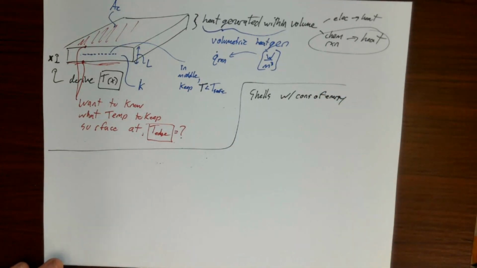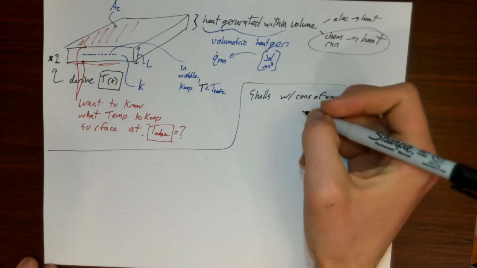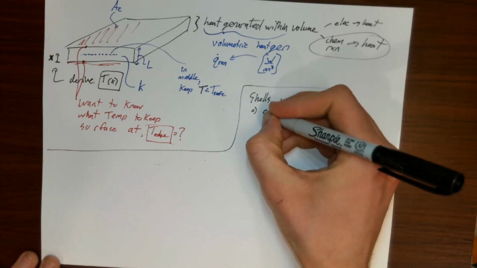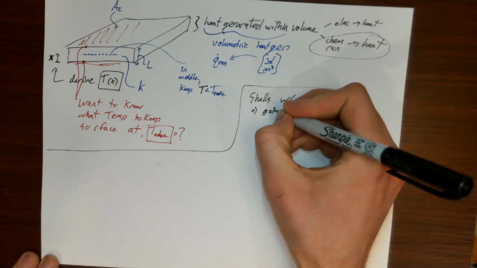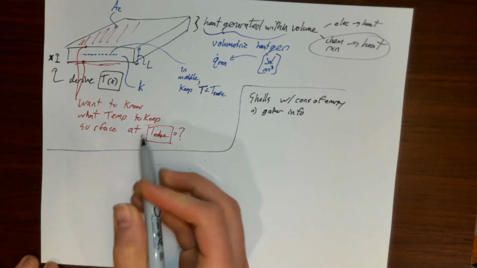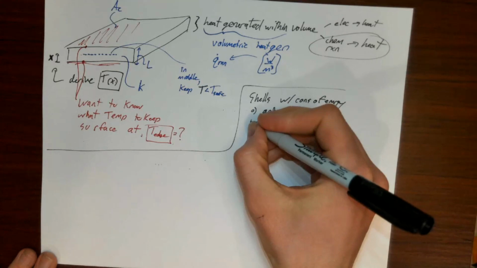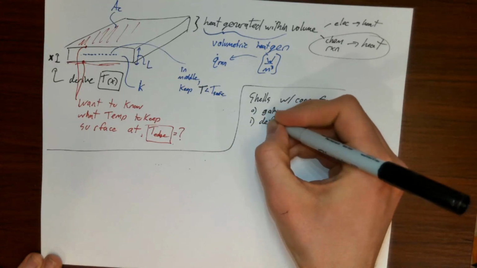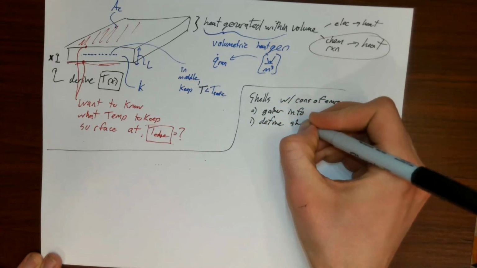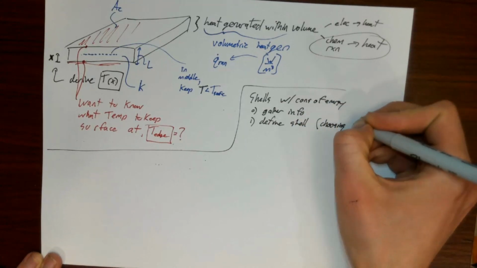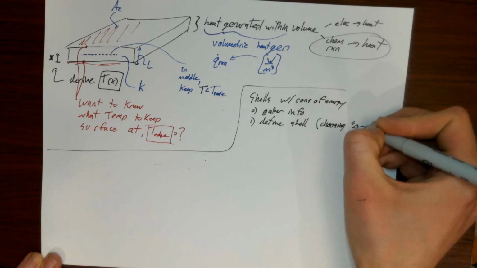in that shell. And if you look back in your notes to the general steps for shells, step 0 was to gather info on the problem, and we have already done that right here. The next step for shells is to define the shell, including choosing our delta dimension.